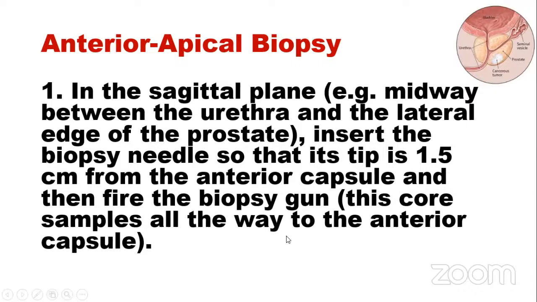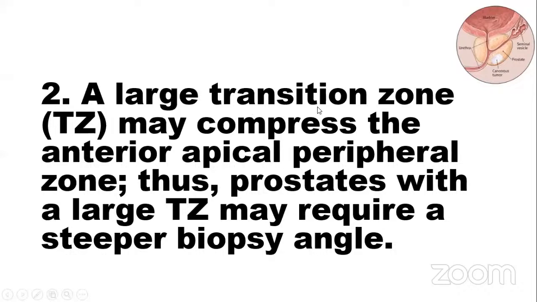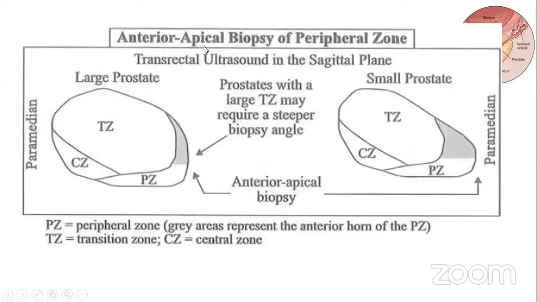This core sample, all the way to the anterior capsule, is known as anterior apical. A large transitional zone may compress the anterior apical peripheral zone, thus a prostate with a large transitional zone may require a steeper biopsy angle. This is the anterior apical biopsy of the peripheral zone.